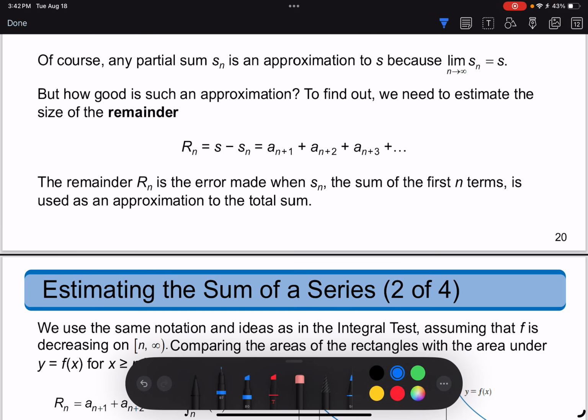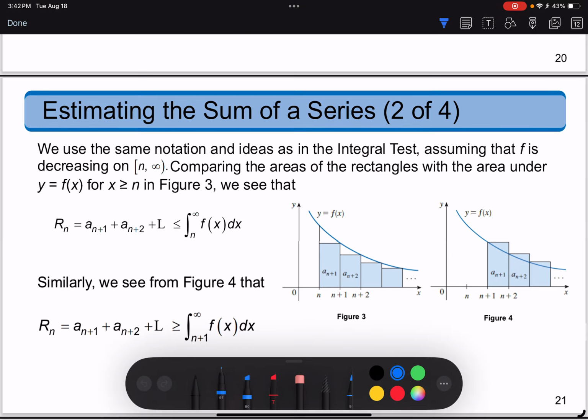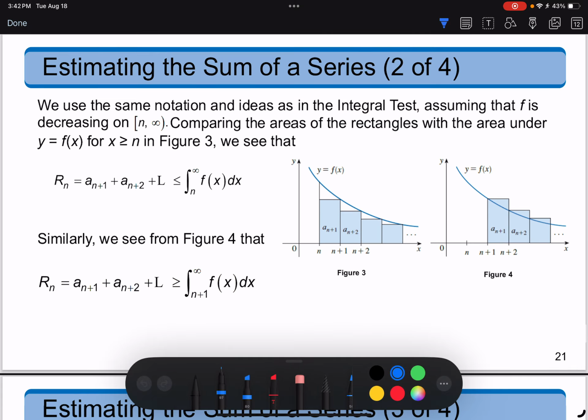That would be the terms that we have disregarded. We use the same notation and idea as the integral test, assuming that f is decreasing on the interval from n to infinity, comparing the areas of the rectangles with the area under y equal to f of x.